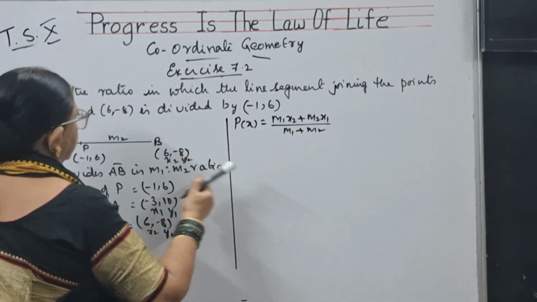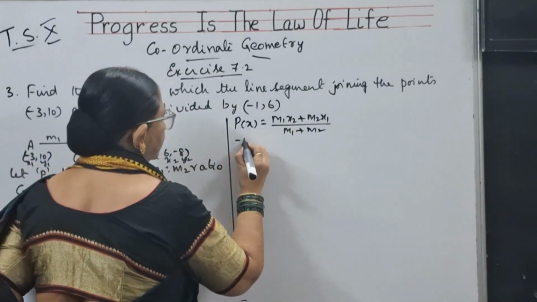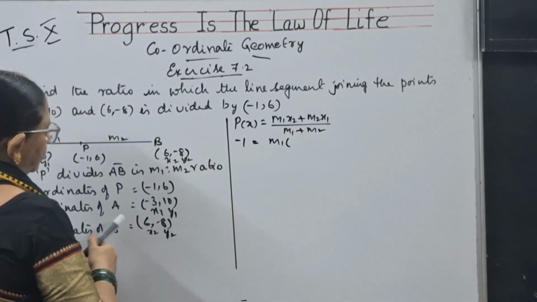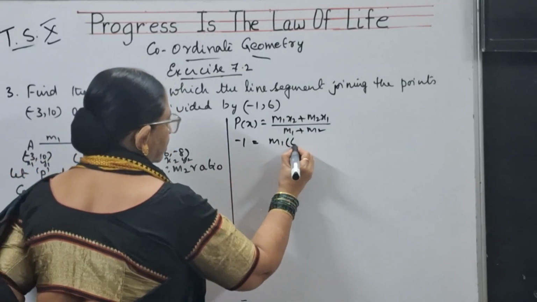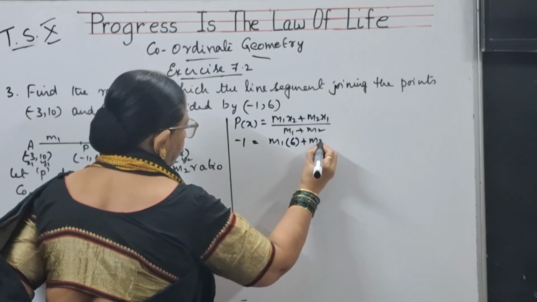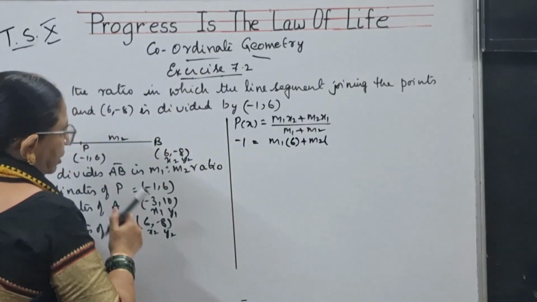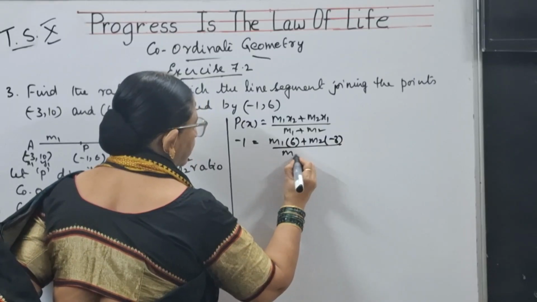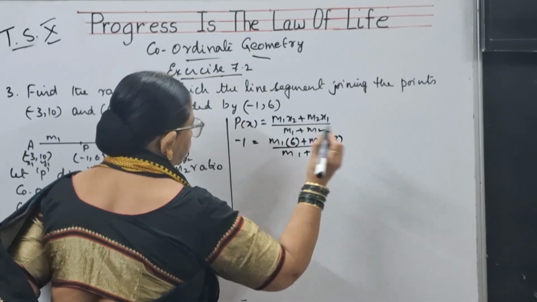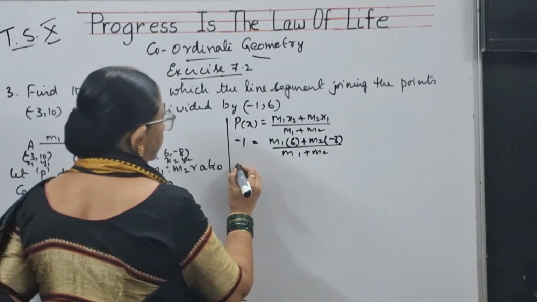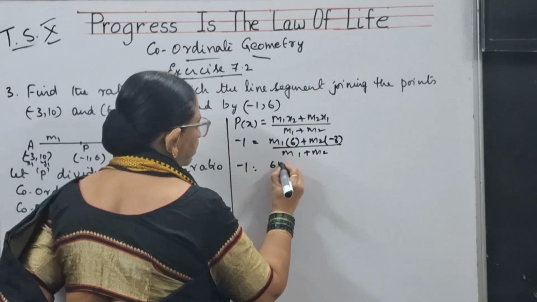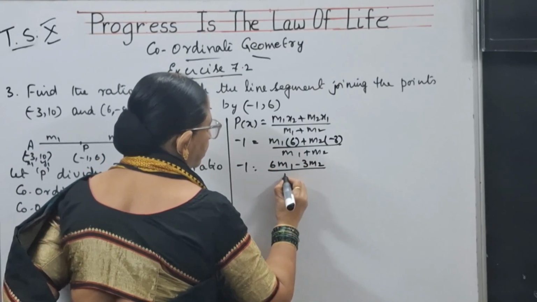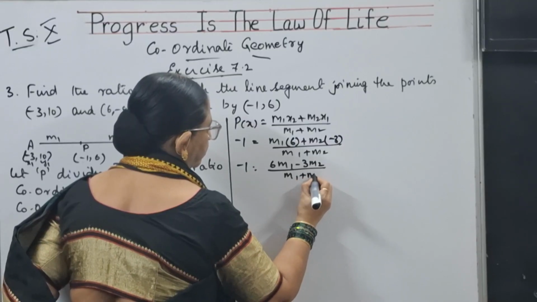So in this case, P of x is minus 1 is equal to m1 into x2. What is x2? 6 plus m2 into x1 minus 3 by m1 plus m2. So that means minus 1 is equal to 6m1 minus 3m2 by m1 plus m2.